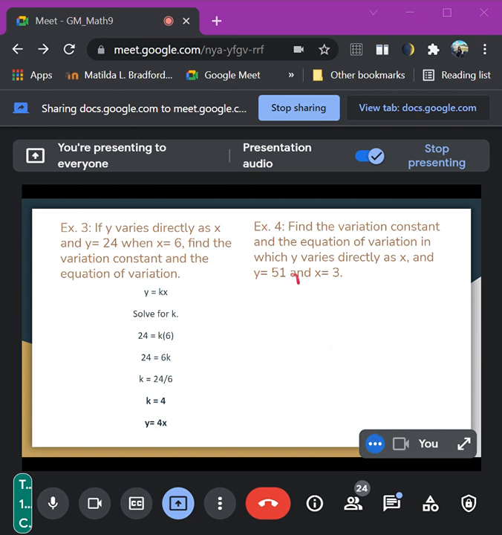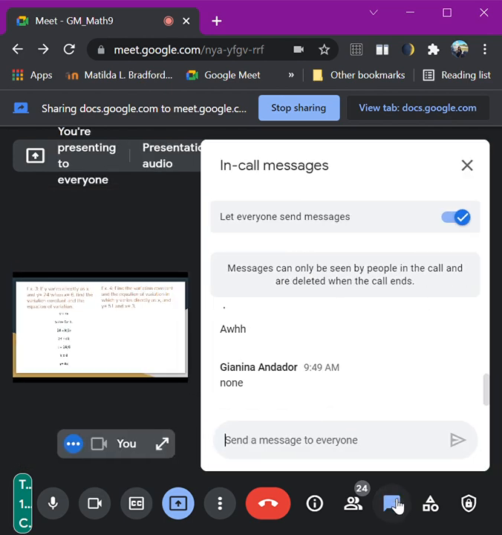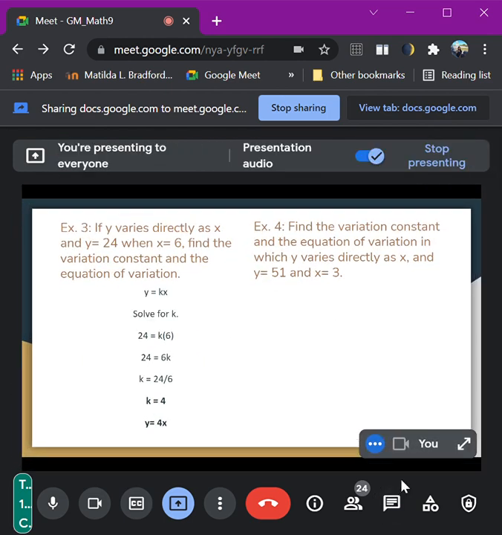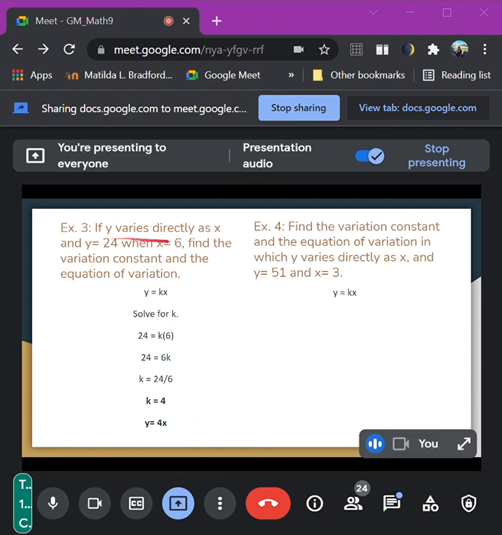Y varies directly as x. Okay, very good. Actually, it's the same as here, class, if y varies directly as x. So, you have there y is equals to k times x.